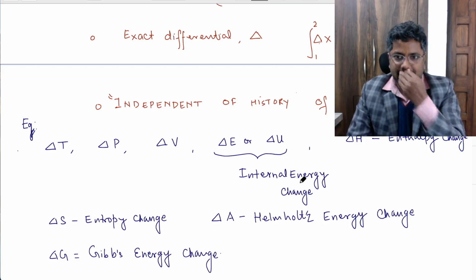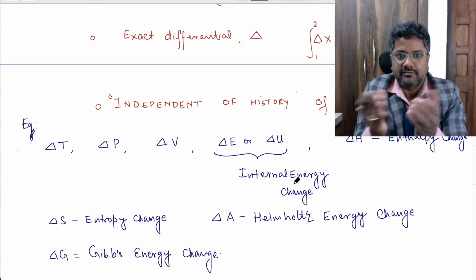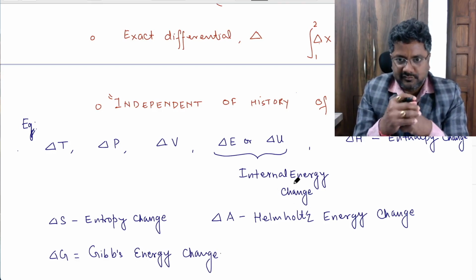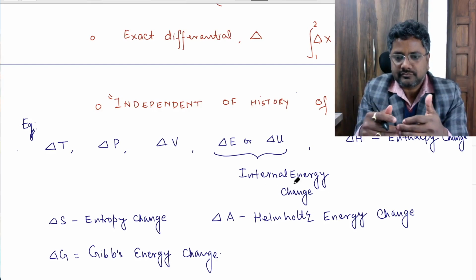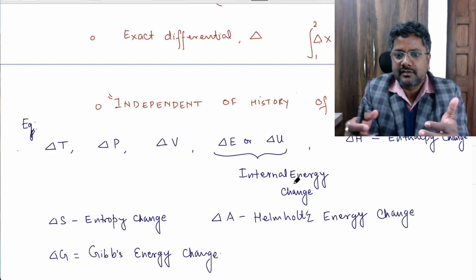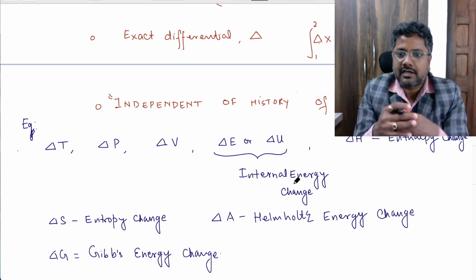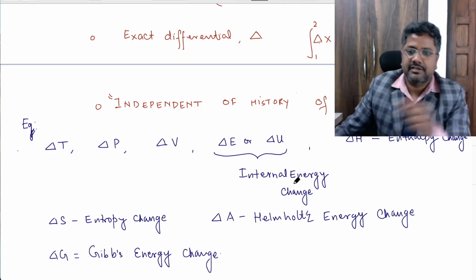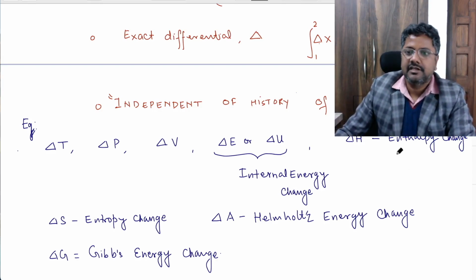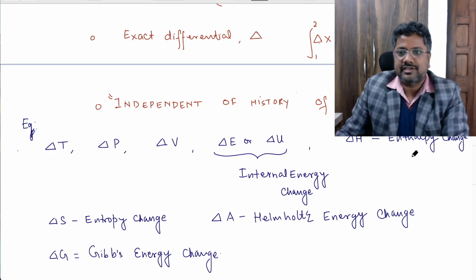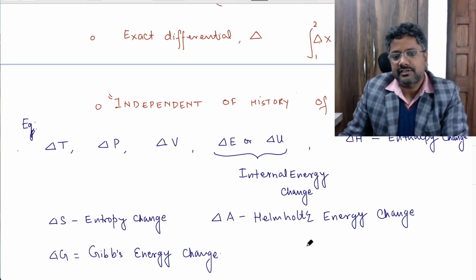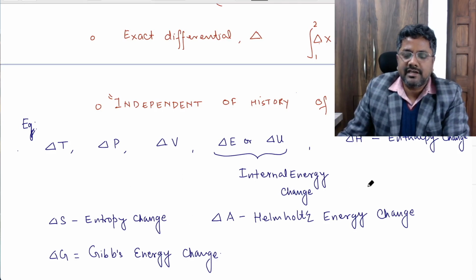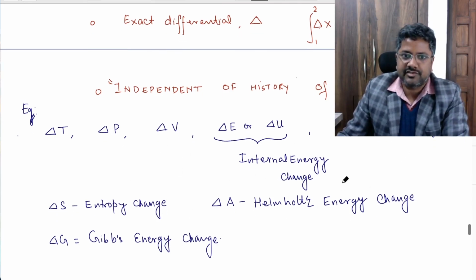So these are the main thermodynamic functions which I am going to discuss in this chapter, right? Internal energy change, enthalpy change, entropy change, Gibbs energy change, Helmholtz energy change. So these are examples of some state functions, right?